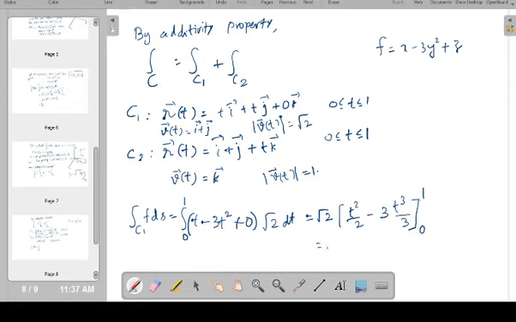So that is equal to root 2 into 1 by 2 minus, here 3 and 3 cancel, 1. In the lower limit it is equal to 0. So it is root 2 into minus 1 by 2. So this is equal to minus 1 by root 2.